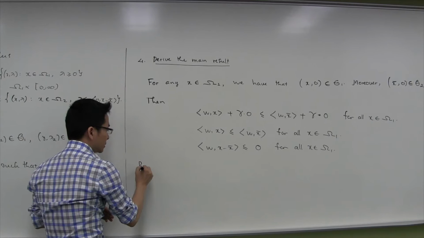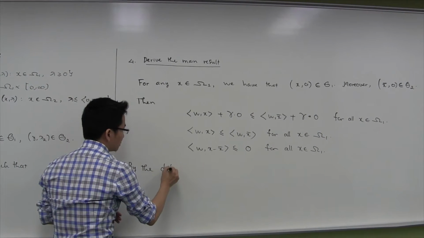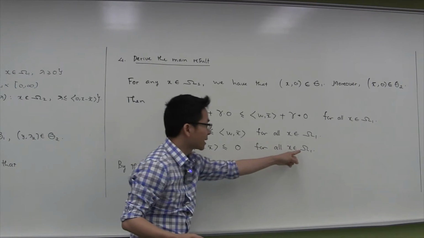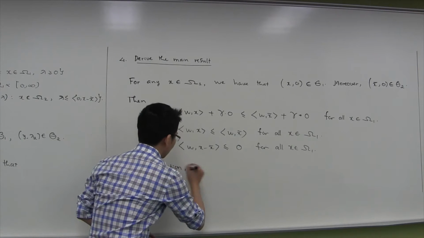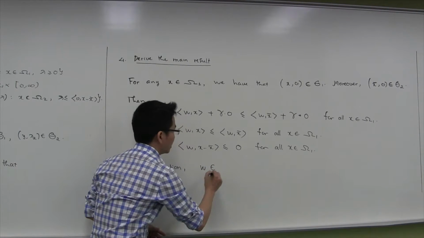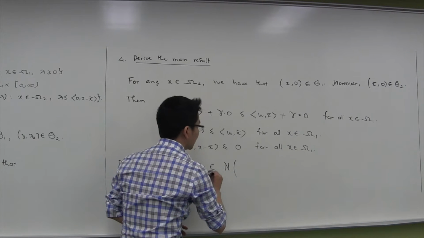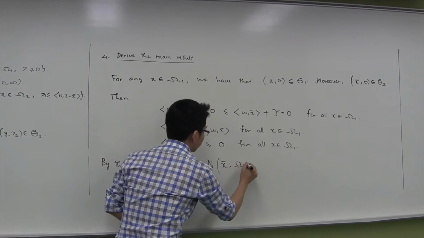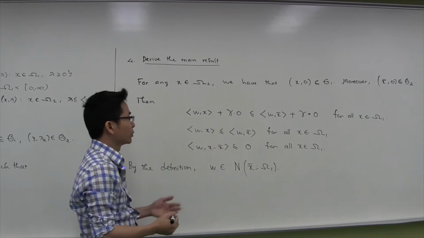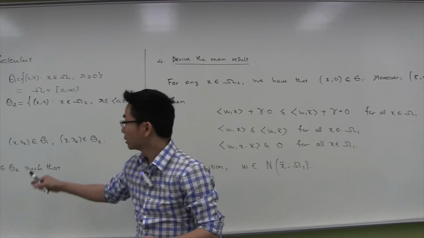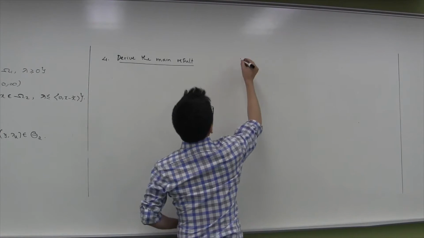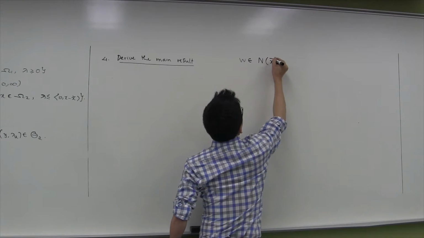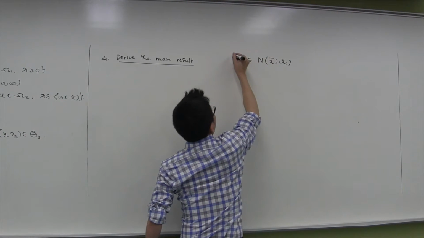Now, by the definition of the normal cone to the convex set omega 1, we have the following. W belongs to the normal cone to the set omega 1 at x bar. Okay, so this is the first result we obtain from these properties. So we have shown that W belongs to the normal cone to the set omega 1 at x bar.